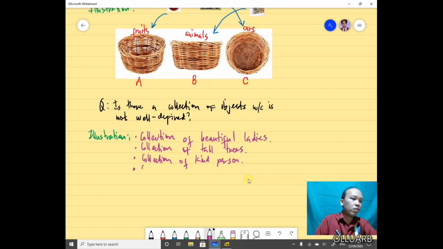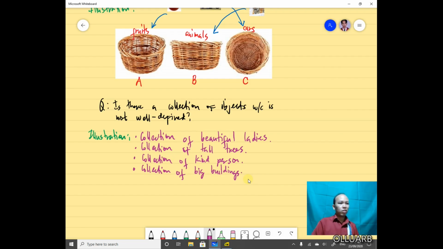Let's add one more, a collection of big buildings.